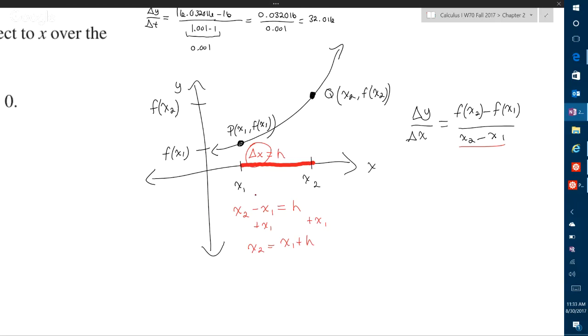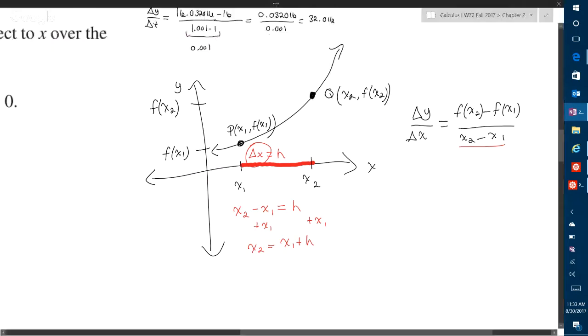So I'm going to go back up here to the equation wherever x2 appears. I'm going to replace x2 with this expression x1 plus h. So going downward from here, f of, instead of x2, I'm going to write down x1 plus h, minus f of x1, so that stays the way that it is. And then x2, once again, I replace it with x1 plus h, but then minus x1.